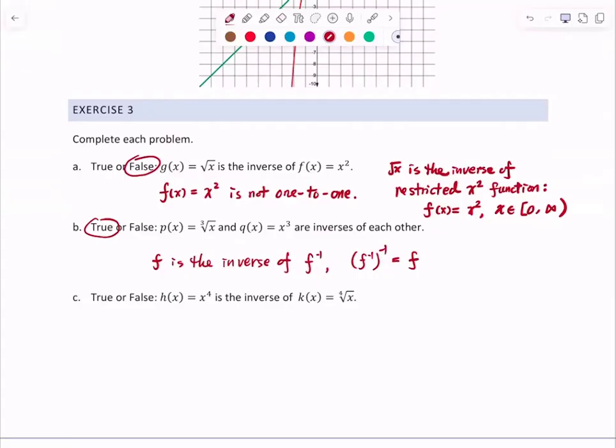Is this a one-to-one function? Did I put any additional condition to restrict it? No. So that means it's everything. If it's everything, it's not one-to-one. There's no inverse to it, period. So for the same reason.